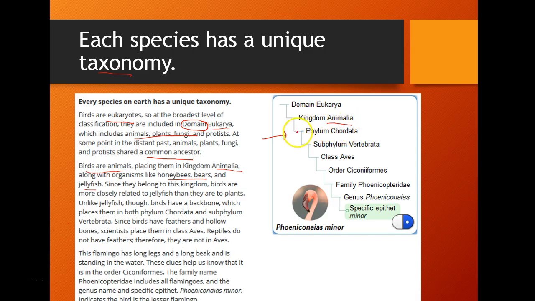And so we can go all the way down this list, and clearly this gets more and more specific as we go down until we reach its genus and specific epithet, which is its scientific name. And so again, this is another example of how scientists would classify an organism.